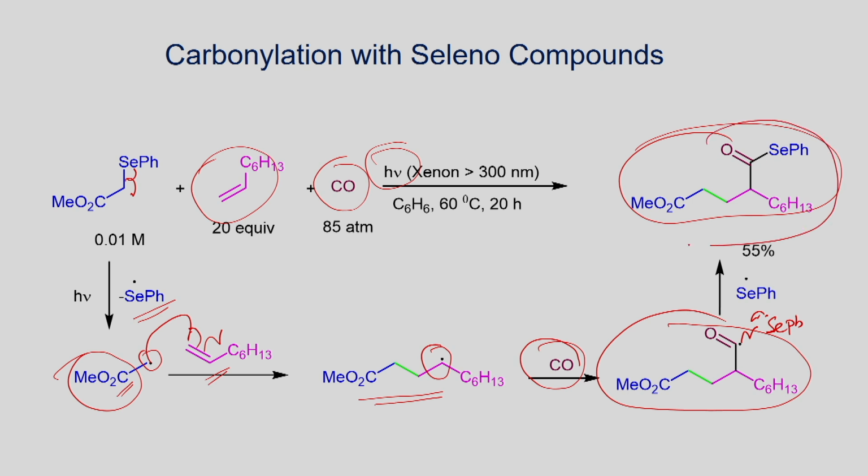So what you do here, you make a CC bond, and you also do carbonylation in this way, so you can make multiple carbon-carbon bonds. So three components are coupled together photochemically in the presence of light, under the reaction conditions shown here, and you can make this molecule.